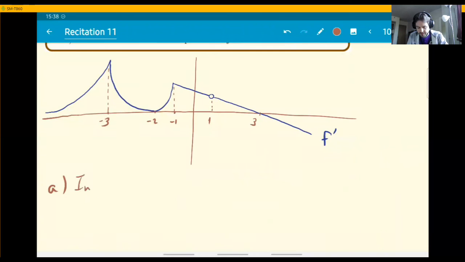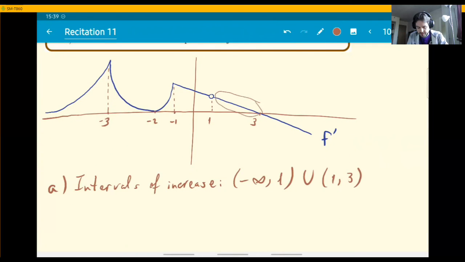So intervals of increase of f. You can go all the way up to the number 1. You also have to include the piece between 1 and 3. F prime is still positive in between then. I'm just not including the whole interval, like between minus infinity and 3, because I don't know if f is also going to have a break there.